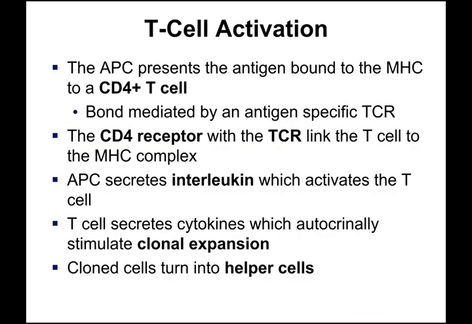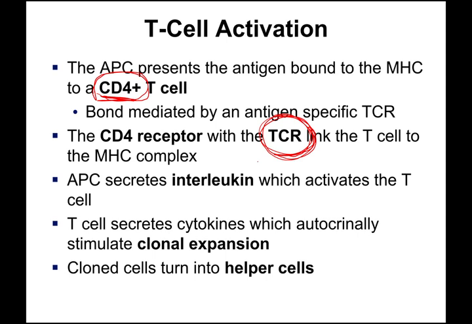Now, the type of T cells that they activate are referred to as CD4 T cells. The reason being they're called CD4 is because they present this protein called CD4. These CD4 cells bind to the antigen with the T cell receptors, and by doing that they get activated.